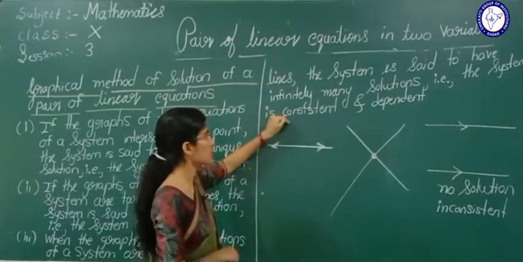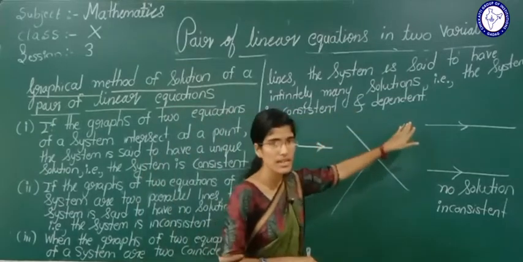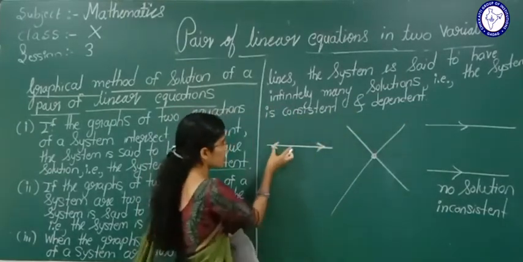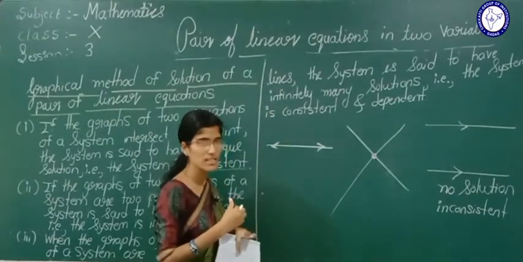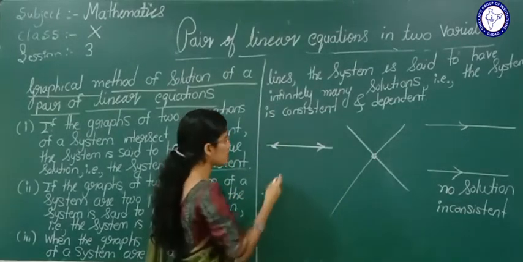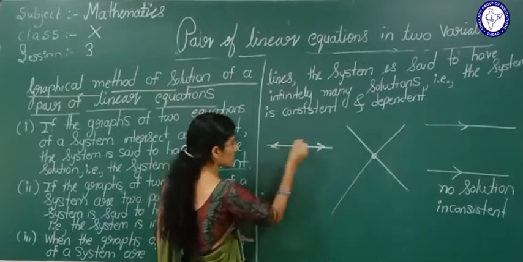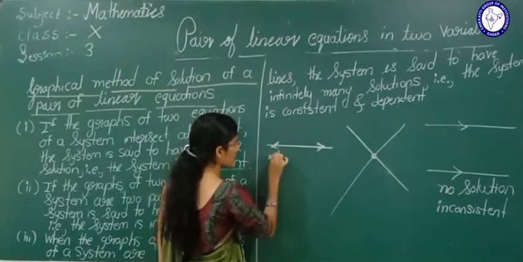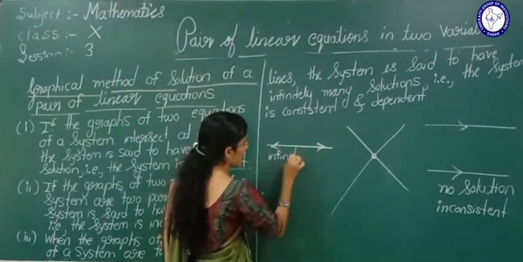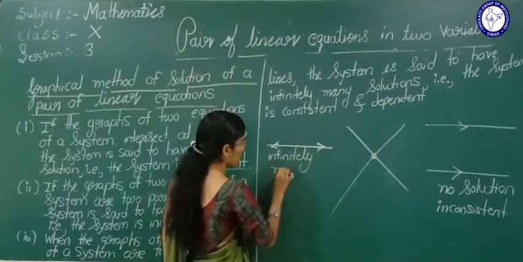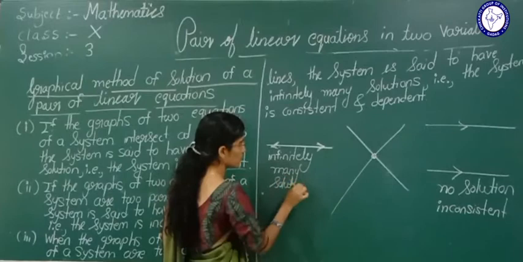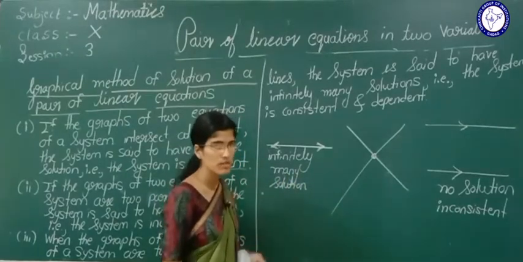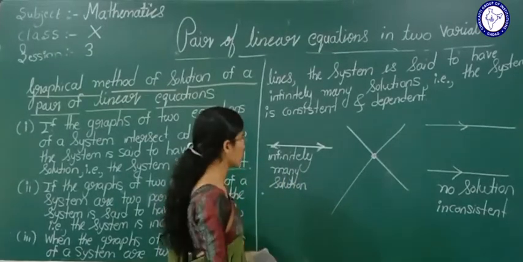The system is consistent and dependent. If the two lines are coinciding, we can say the system has infinitely many solutions. Once more I will repeat whatever I have told you.